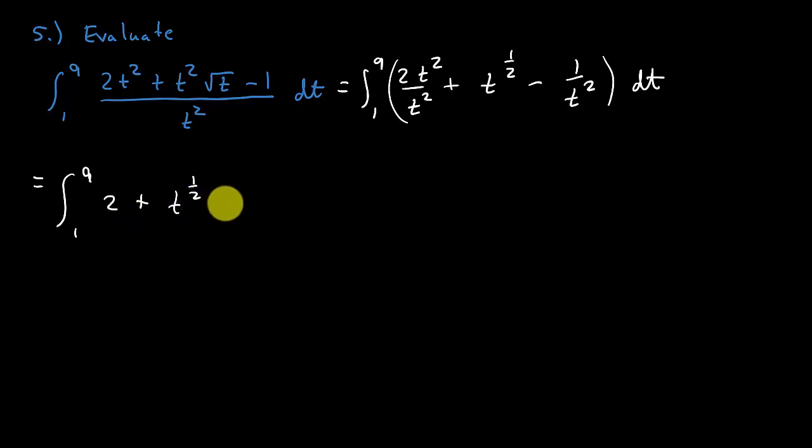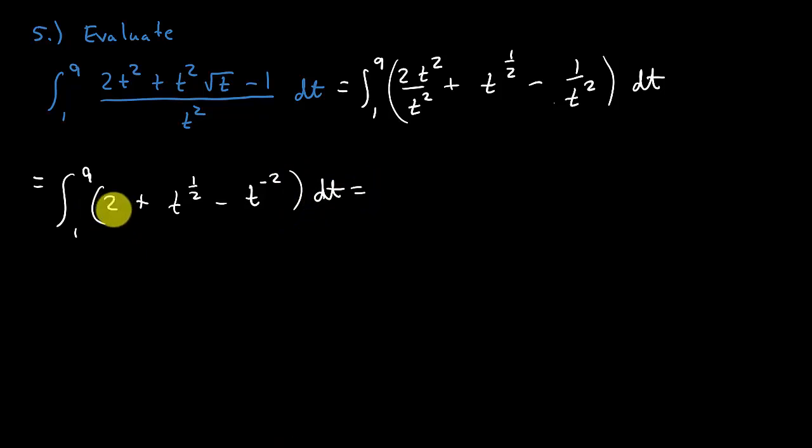So t to the 1/2 minus, now this 1 over t squared, I have nothing in the table that tells me how to integrate 1 over t squared. But I do know how to integrate t to a power. So I can move this up into the numerator, and remember what that does is it changes the sign of the exponent. And so now I'm ready to integrate.